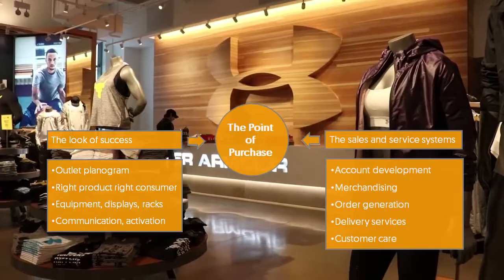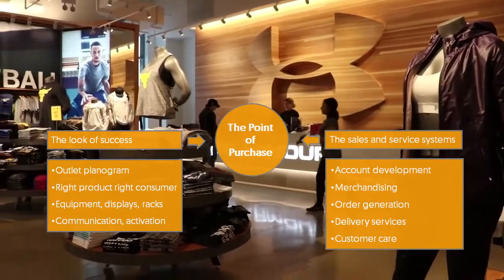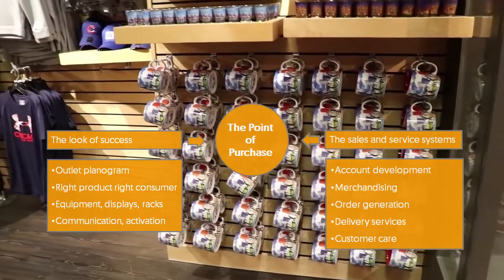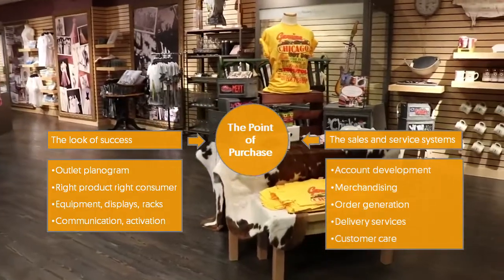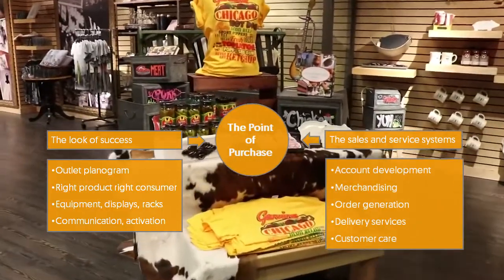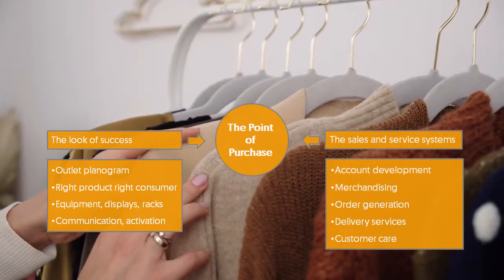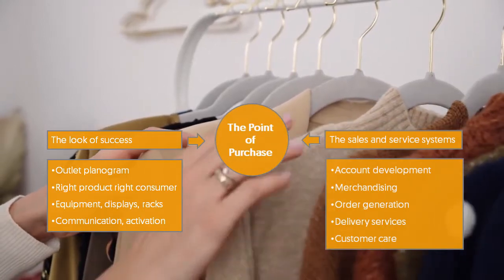Furthermore, maintaining the Look of Success standards includes the right brand and product assortment, the right location for product displayed in the store, and securing appropriate equipment, racks, and shelves.